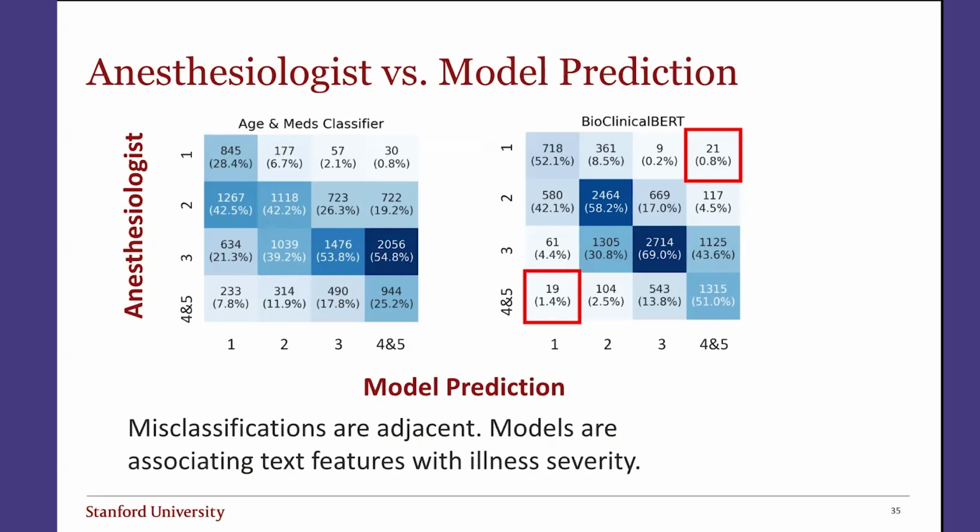It's very rare for the bioclinical BERT model to make predictions that fall in the red boxes, which I call catastrophic errors, because these are completely wrong predictions where the anesthesiologist said this patient is ASA 4 or 5 and really sick, but the model said this person is perfectly healthy, ASA class 1, or vice versa.